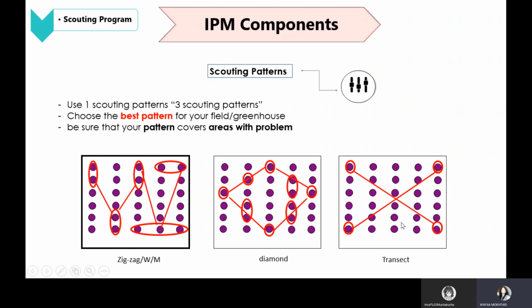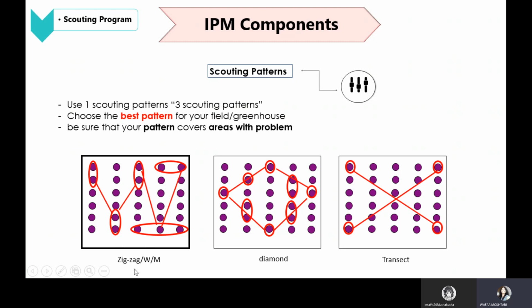There is another pattern called transects, which is also used. You go from one place up to the last, for example from the east south going to the west north. Among all these scouting patterns, the zigzag pattern is the best and most often used.